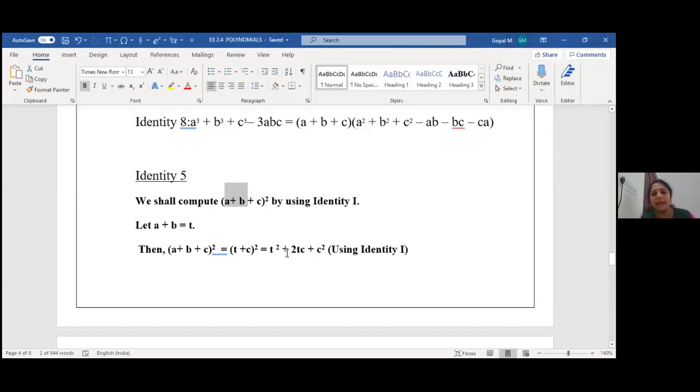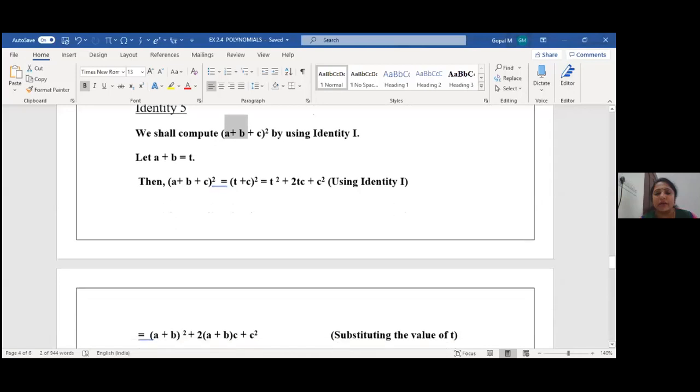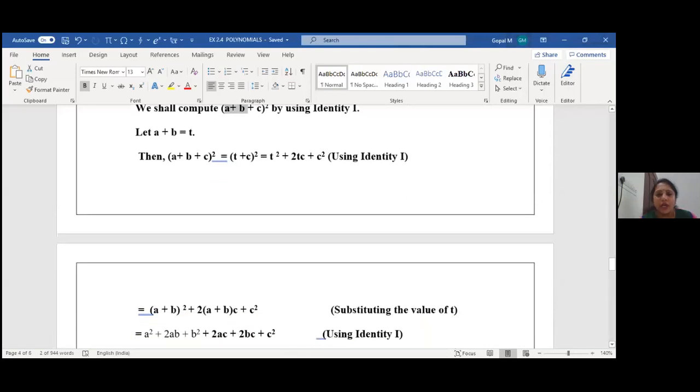After applying that, now I'm going to apply the t value we have assumed, that is a plus b. In t square, t value is a plus b. Again, 2tc: in place of t, I'll apply a plus b, and c I write as it is, and c square.